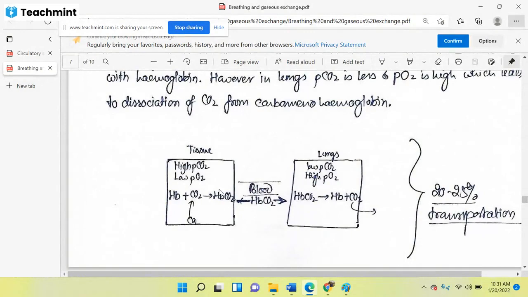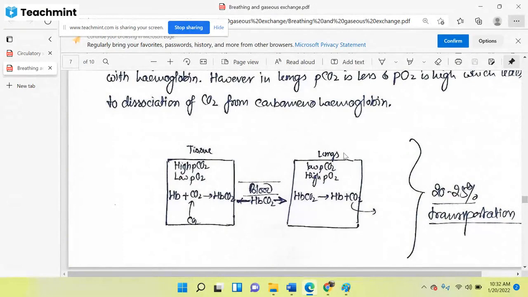So it has to be expelled from the body. Hemoglobin captures it, binds with the carbon dioxide, and becomes carbaminohemoglobin. The hemoglobin of the RBC of the blood transports this carbon dioxide, and it finally reaches the lung.